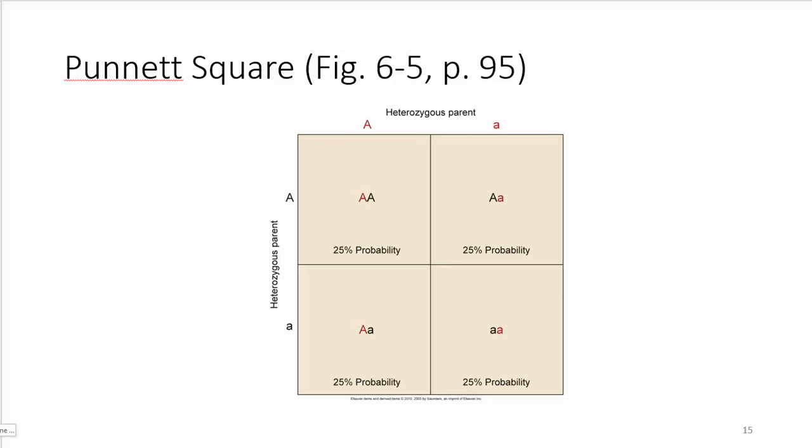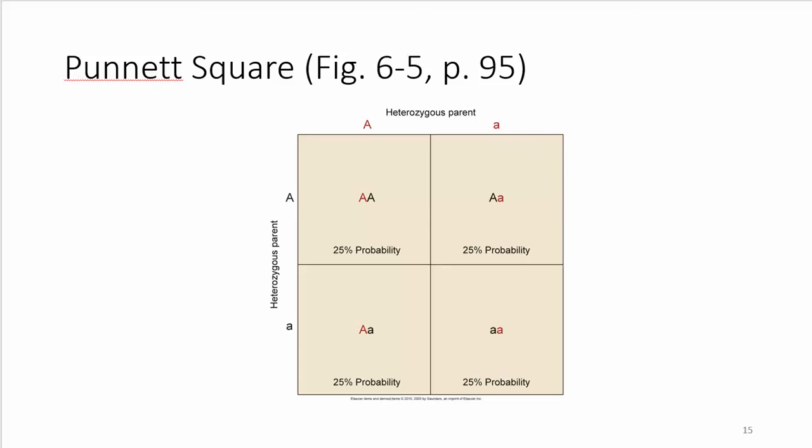So when we look at the Punnett squares, if we have two heterozygous parents for allele A, the dominant is capital A and the recessive is lowercase a.